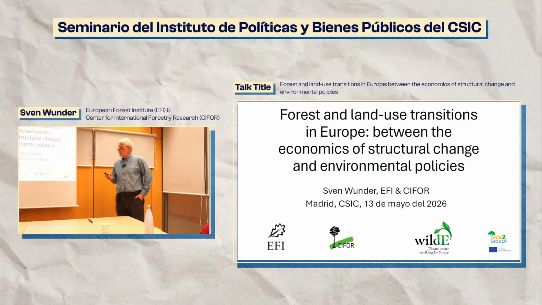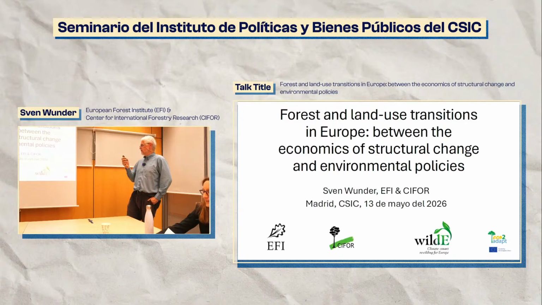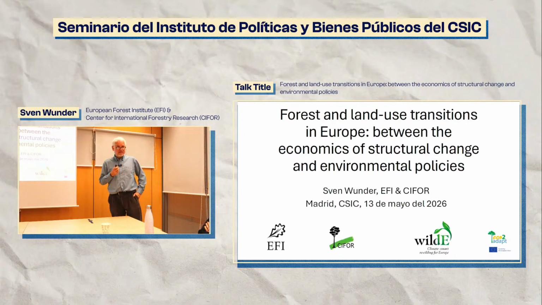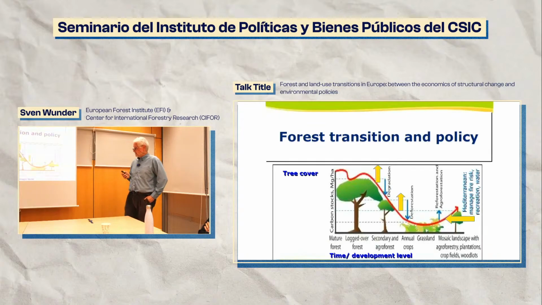So I wanted to talk a bit about some of the larger scale land use transitions in Europe, some environmental policies that this links to, in particular the reforestation agenda, but to put you into the bigger theoretical framework. I think a good one for all of these long-term forest cover changes is always the forest transition curve.